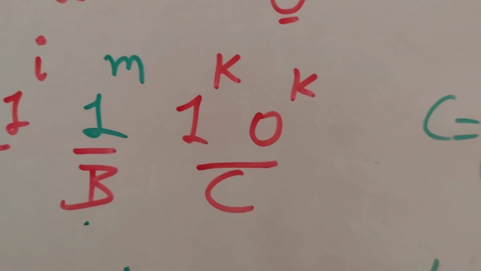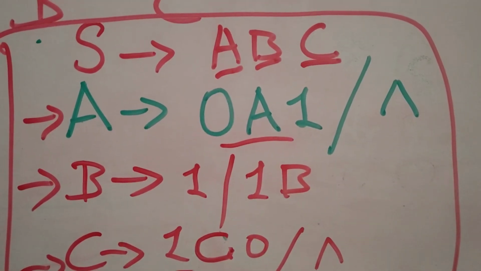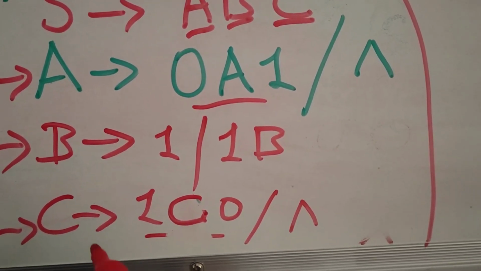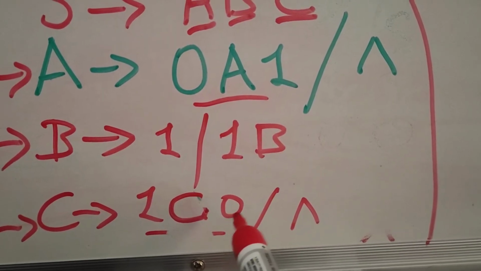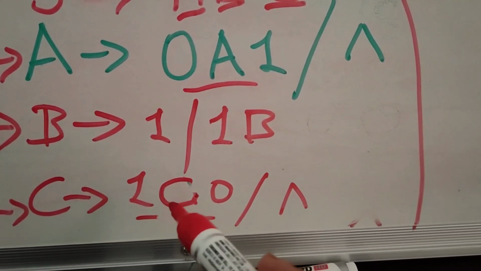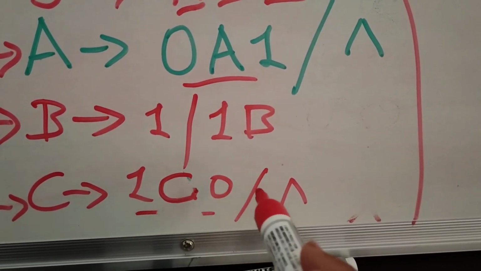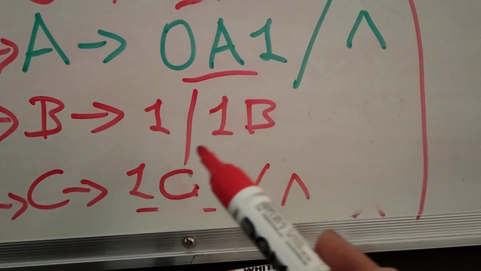Here the reverse is there, 1 raised to k, 0 raised to k. So in the same way I can write. If I want multiple occurrences of 10, I can write 1C0 or null. When we want to stop, I can take 1C0, then next time from C take null. So 10 will be there.